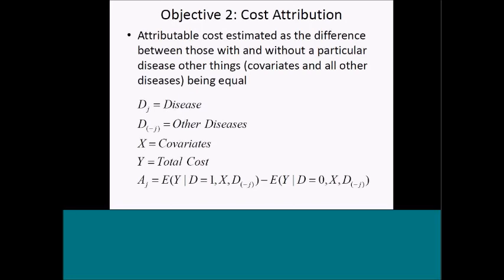X is a covariate and Y is the total cost or spending. The attributed cost for the disease was defined as the difference between the average cost for the person with the disease versus the average cost for the person without the disease, all other things equal. That's the way we defined A_j to be the attributable cost for that particular disease.